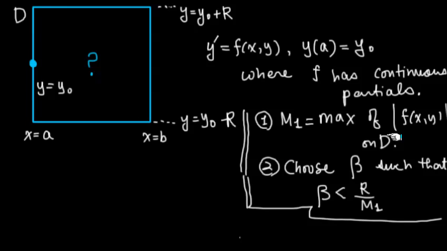If m1 is close to the value of f of x, y around here, then it's going to grow really quickly, so we have to adjust. Turns out, if you look at the calculation, it has to be this amount: r, your arbitrary choice, divided by the maximum. If m1 is large, you can see beta has to be small, so you have to come really close in here. So that's what this adjustment is about.